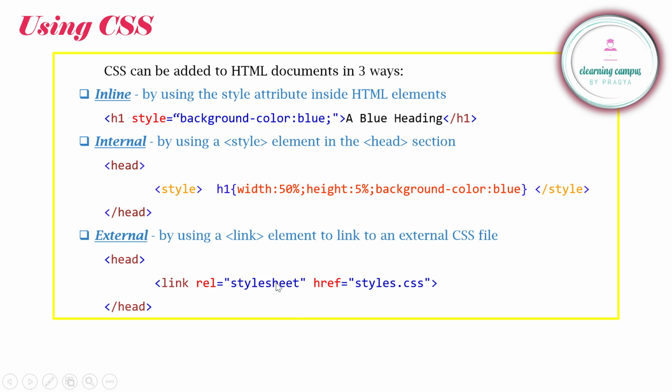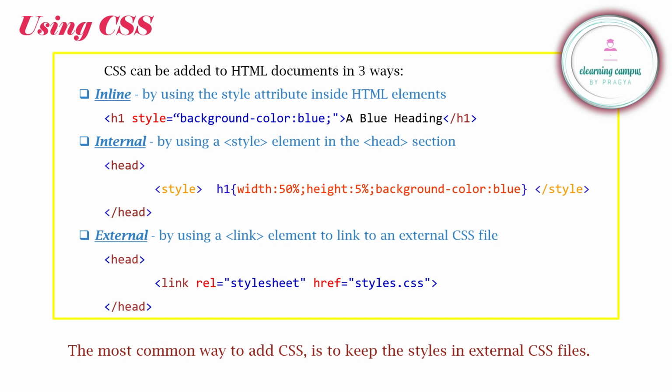This is a style sheet. So we are linking a style sheet, and the link of that style sheet is styles.css. So this is the external style sheet. This we will understand in detail also. For learning purposes we use inline and internal style sheets, but the most commonly used style sheet is external only. Now quickly we'll see.